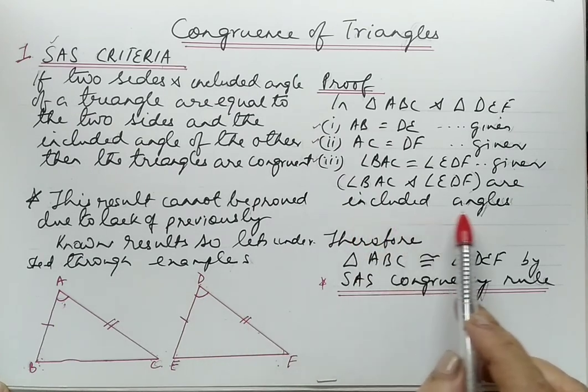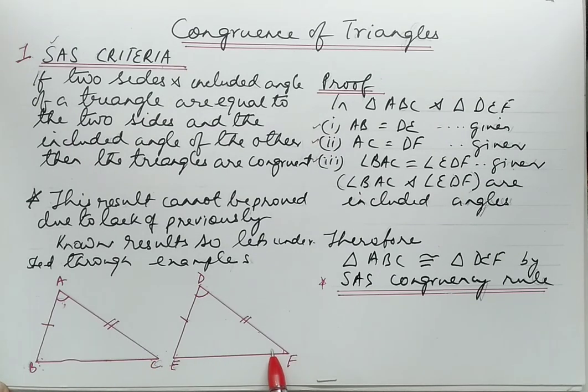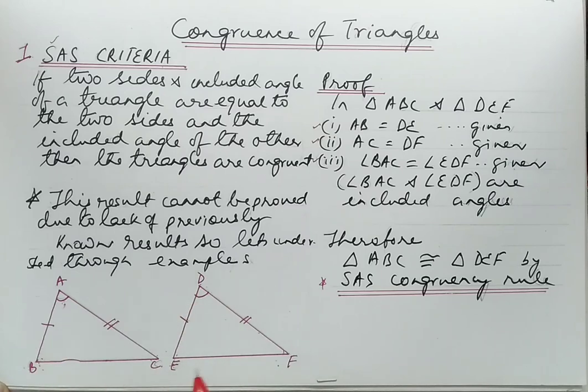Included angle means if you're considering these two sides, the angle has to be placed in between these two sides. If you had taken it anywhere else, that wouldn't have worked. So whenever you're taking two sides, the angle between these two sides will have to be equal to enable congruency.